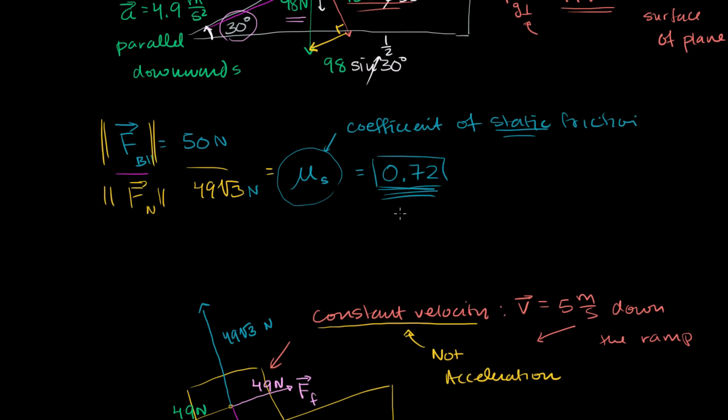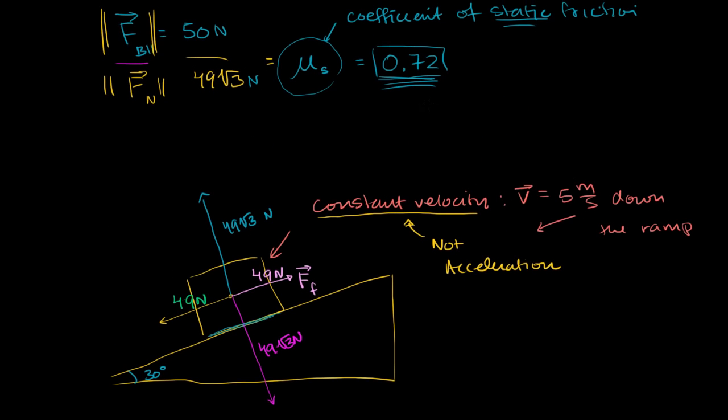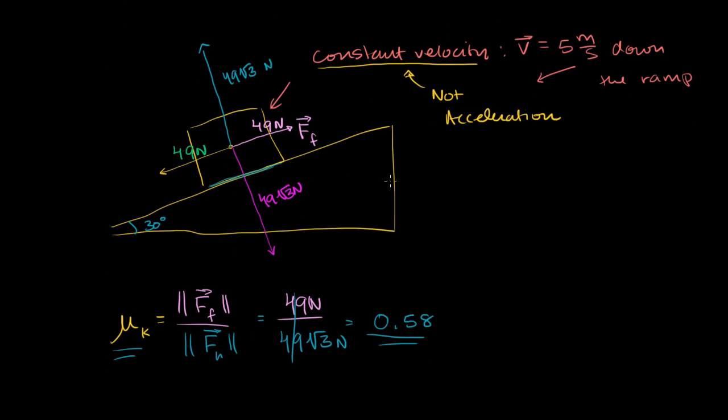You never see a situation where the coefficient of static friction, at least that I know of, is lower than kinetic friction. But you do see situations where the coefficient of kinetic friction is lower than the coefficient of static friction. That once something is moving, for some reason, and we'll theorize why that might be, friction is a little less potent than when something is stationary.